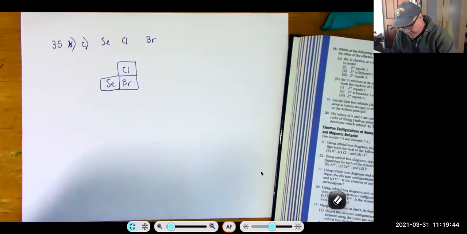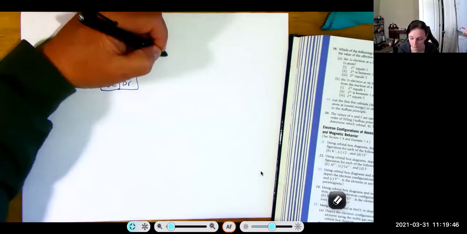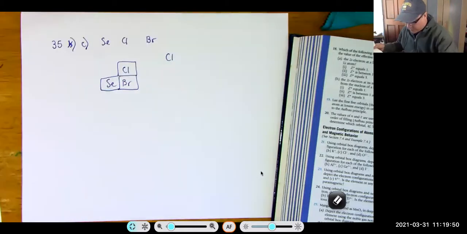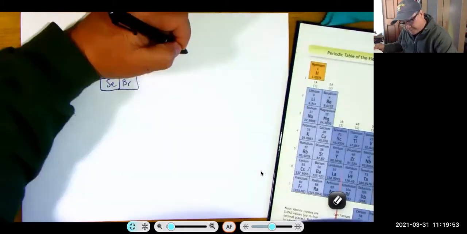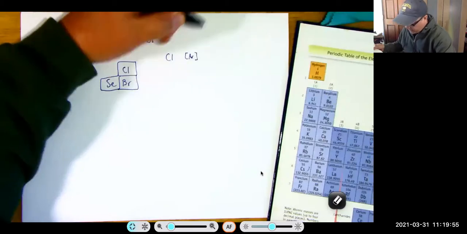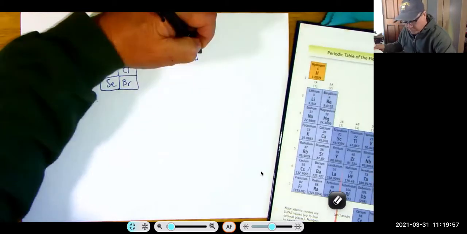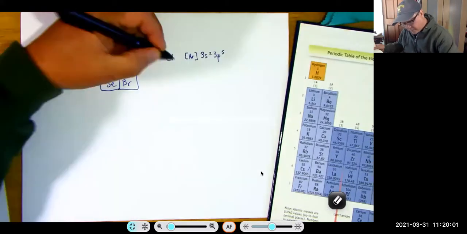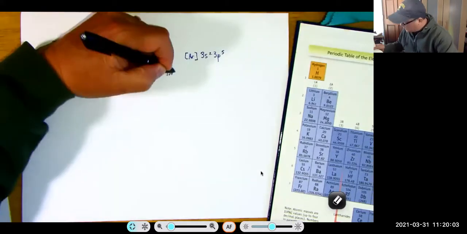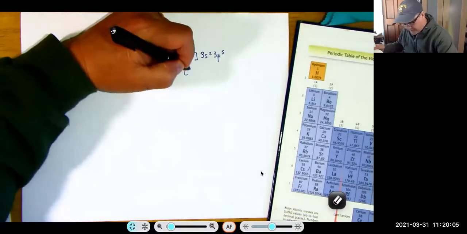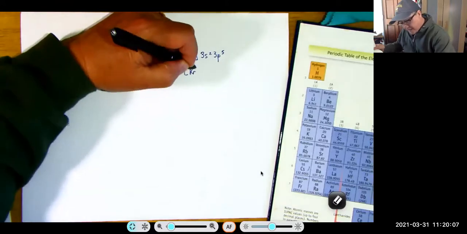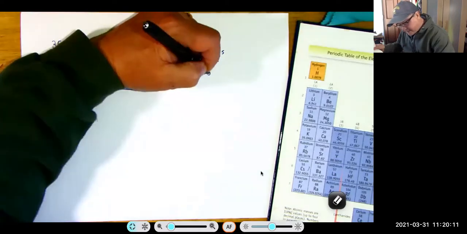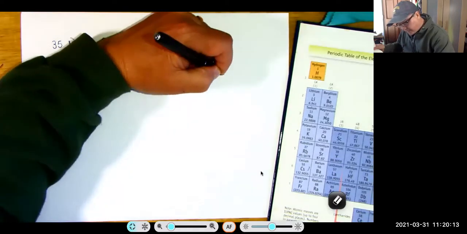For chlorine, if we use the noble gas configuration, we start with argon and then we have 3s2, 3p5. For bromine, we start with krypton, and we have 3d10, 4s2, and 4p5.